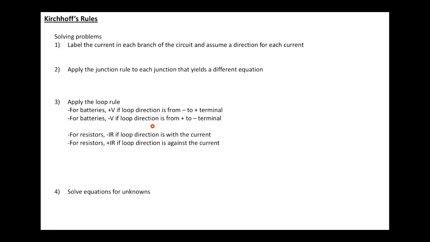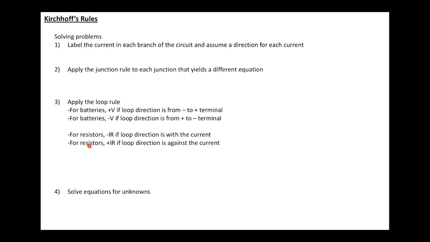If you're going from positive to negative, it's like stepping down the battery, and we put in a negative change in potential. This is true for batteries no matter what direction the current's flowing. Just consider, am I analyzing from negative to positive or positive to negative? That's the difference between a negative or a positive potential difference.